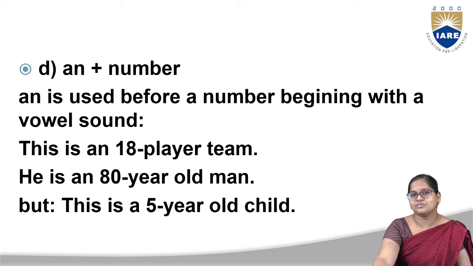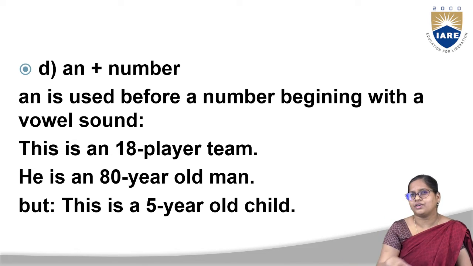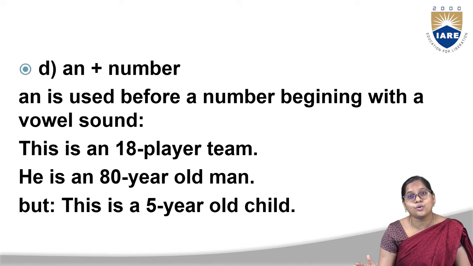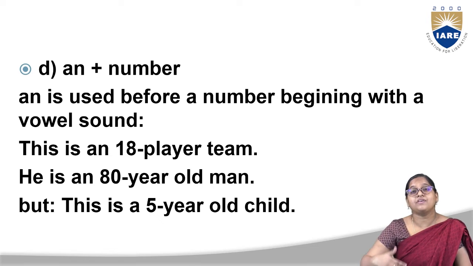So you know the vowel sounds: A, E, I, O, U. Any of these vowel sounds should fall in these five vowels. So 18, 80-year-old begin with vowel sounds. 5, it's not F, but I, a diphthong.